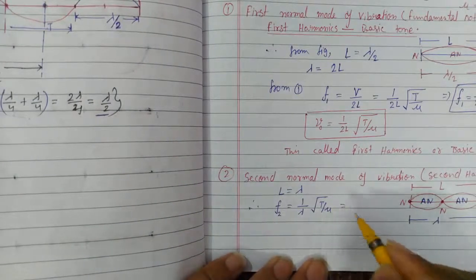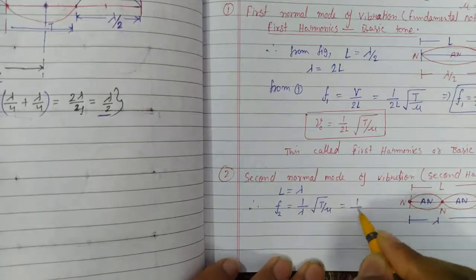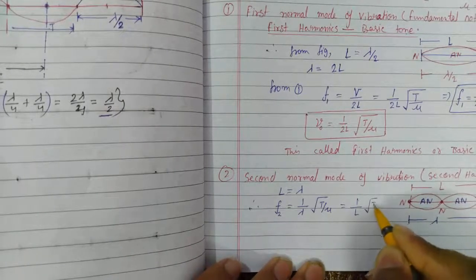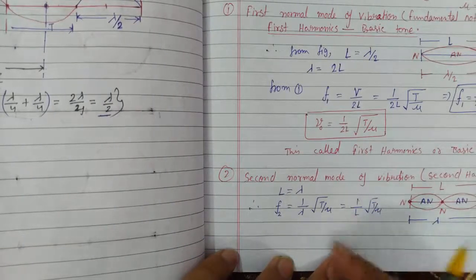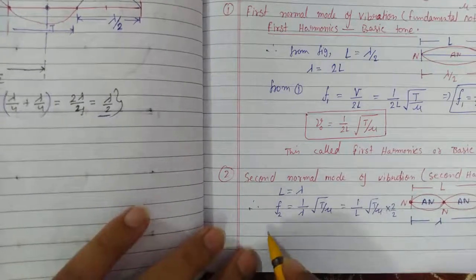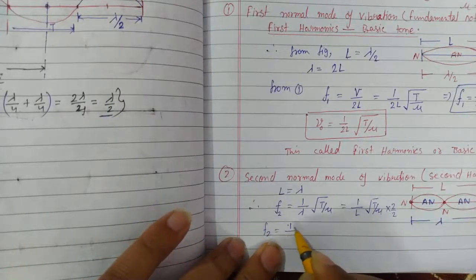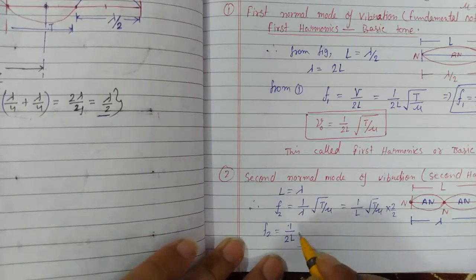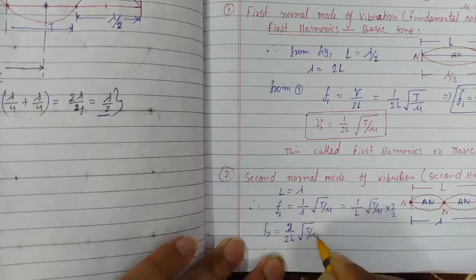By using this value of lambda, 1 upon L under root T upon mu, which equals 2 into 1 upon 2L under root T upon mu.